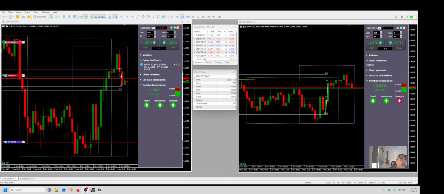Still didn't close above this 61.8, so we're still short. Okay, we did close below halfway of this candle. All right, so we did have sellers in here. We had buyers come up, and then we had the selling come down. Remember, we took this short at the 50% mark, came back down.